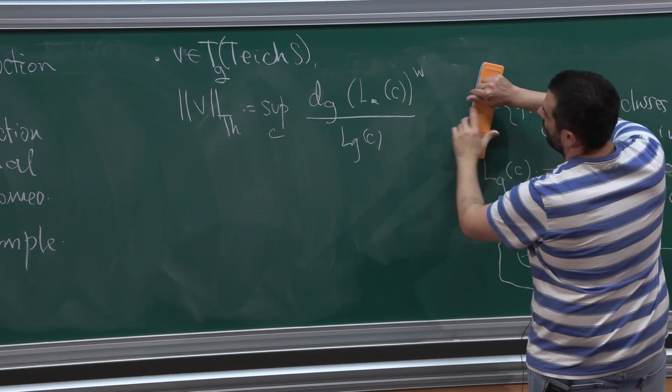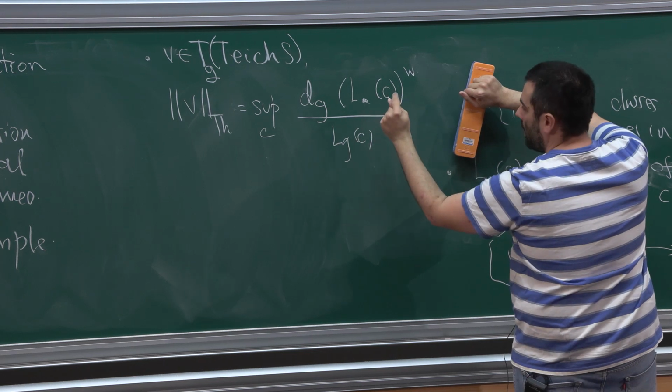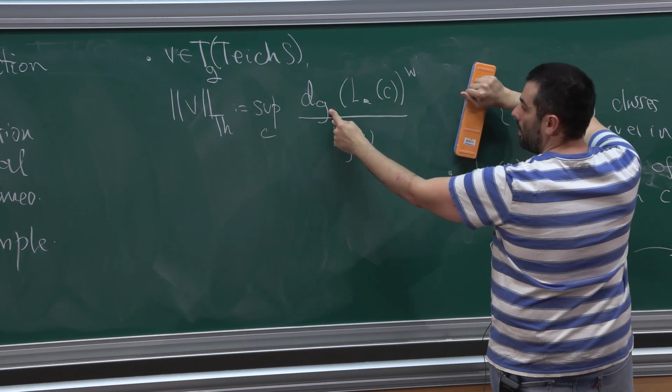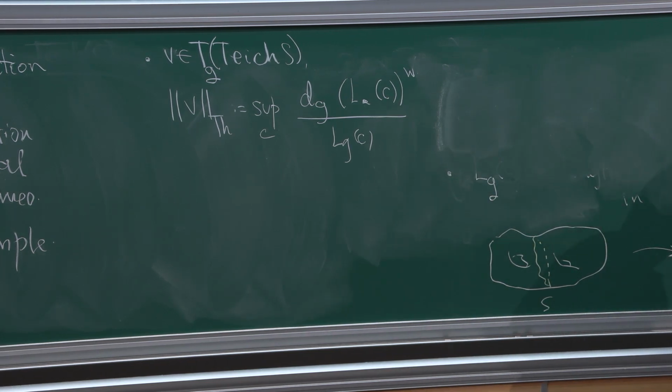So I compute the length for a given C, I take the derivative over G, and then take the sup over C. So he proves that this is a Finsler norm.